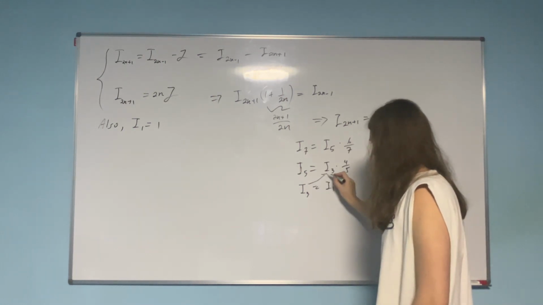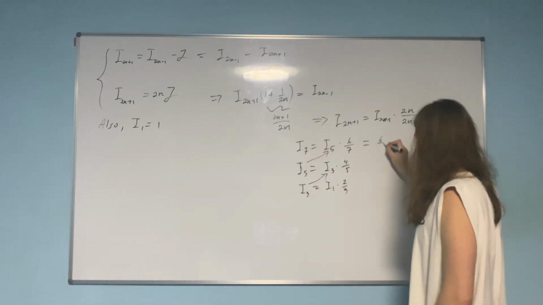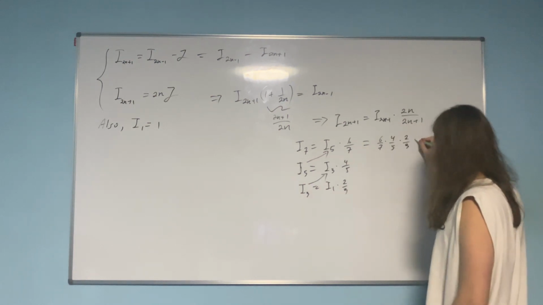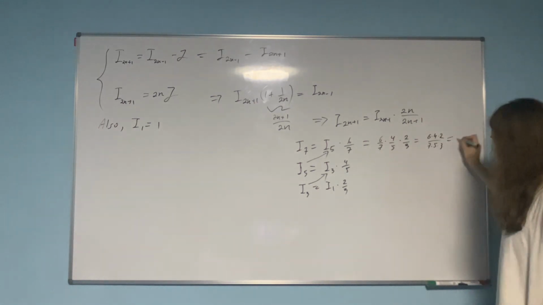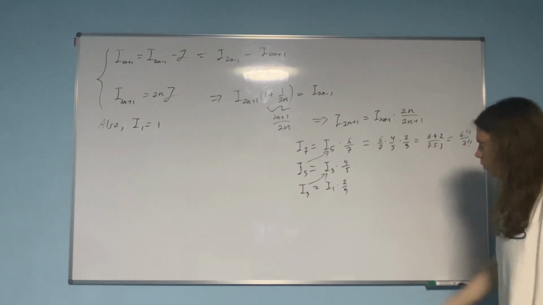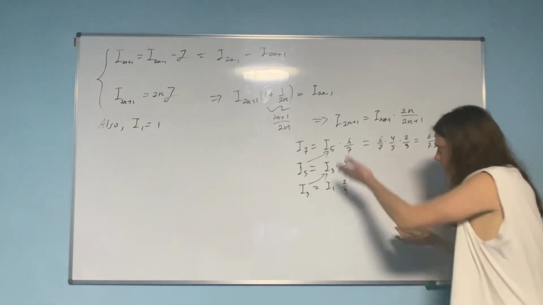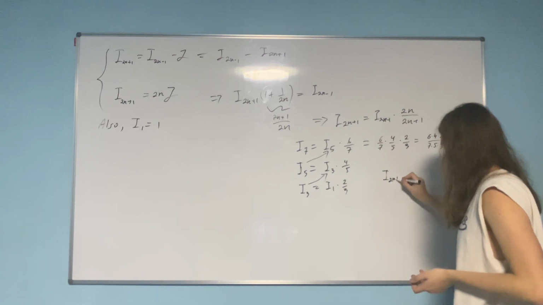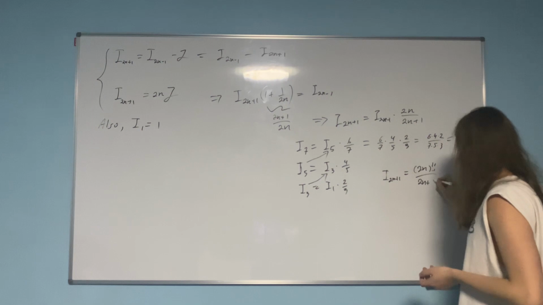Now chain these together, we get I7 is 6 over 7 times 4 over 5 times 2 over 3, which is 6 times 4 times 2 over 7 times 5 times 3, which is 6 double factorial over 7 double factorial. So yeah, this basically, for any general n, we show that I 2n plus 1 is 2n double factorial over 2n plus 1 double factorial.